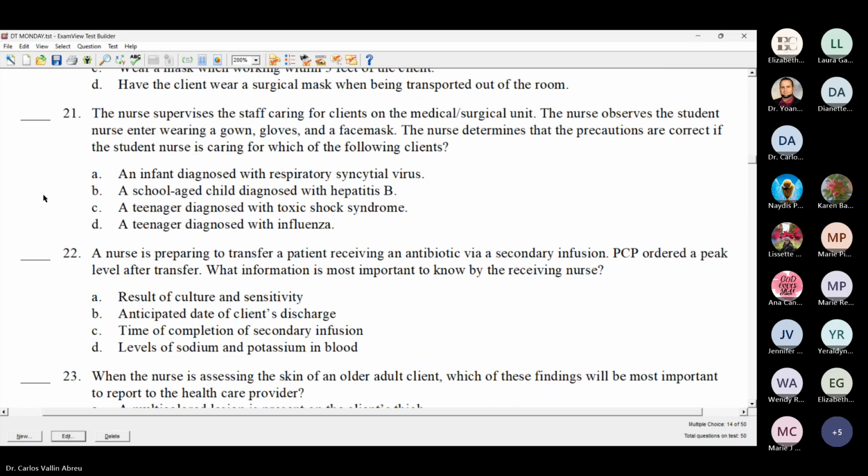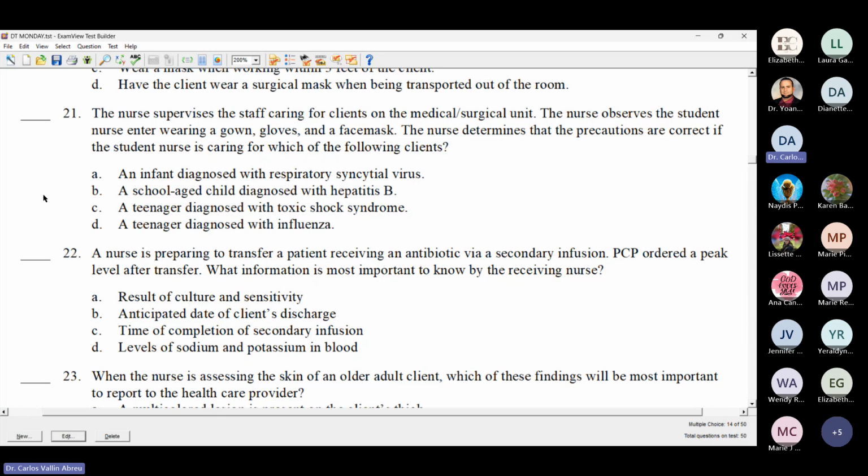Okay. The nurse supervises the staff caring for clients on the medical surgical unit. The nurse observes the student nurse entering a room wearing a gown, glove, and face mask.